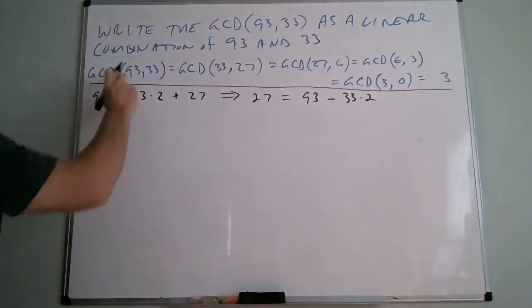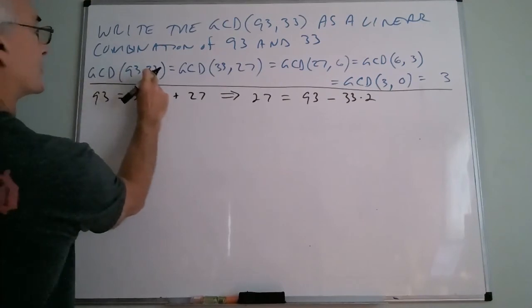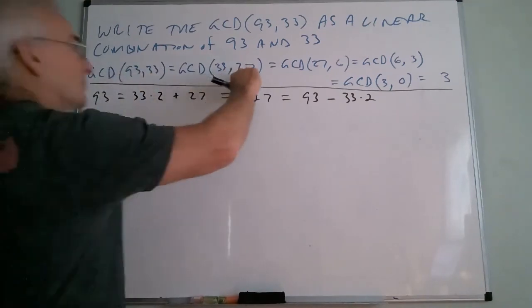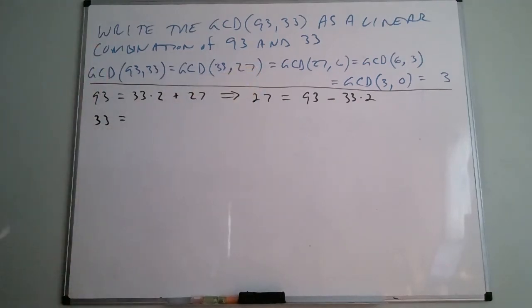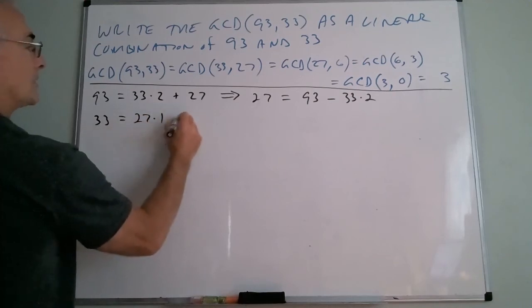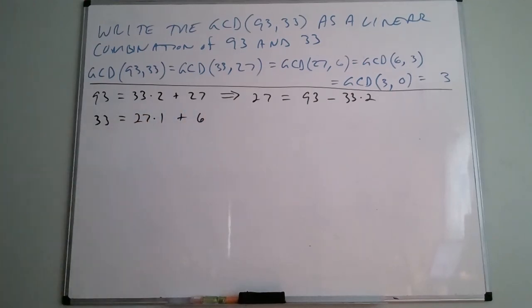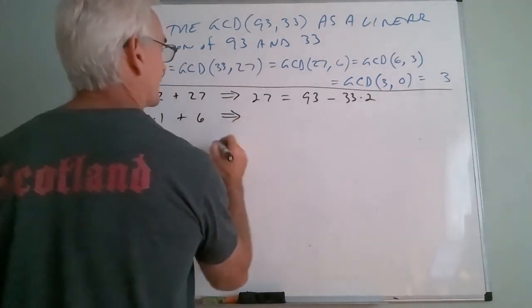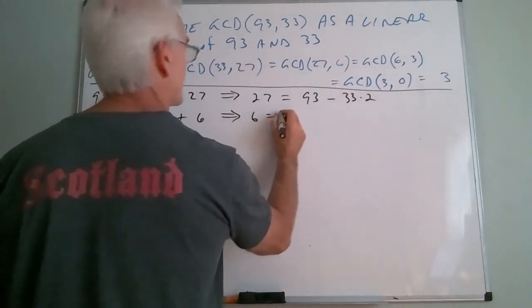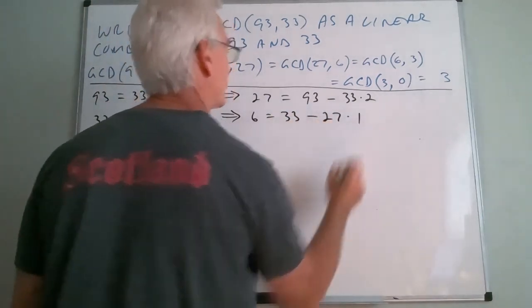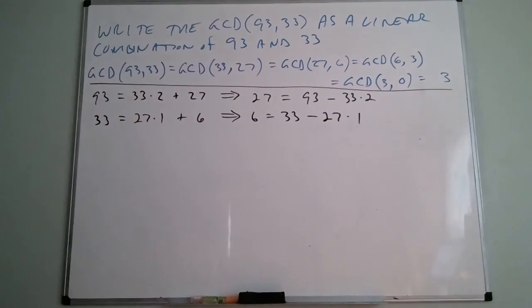Now we'll go to the next number in the sequence, which would be 33. Now I'm dealing with 33 and 27. So I want to write 33 as 27 times 1 plus 6. In this case, my remainder is 6. So this implies that 6 equals 33 minus 27 times 1. Okay, now what?